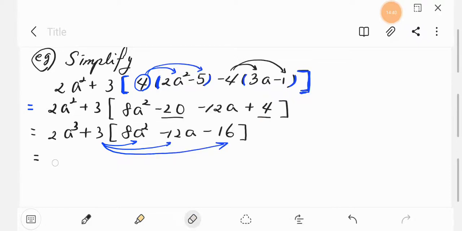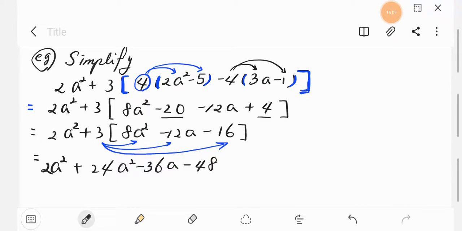So 2a squared, this is a squared, right? 2a squared plus 3 times 8 is 24a squared. 3 times negative 12, so negative 36a. 3 times negative 16, negative 48.